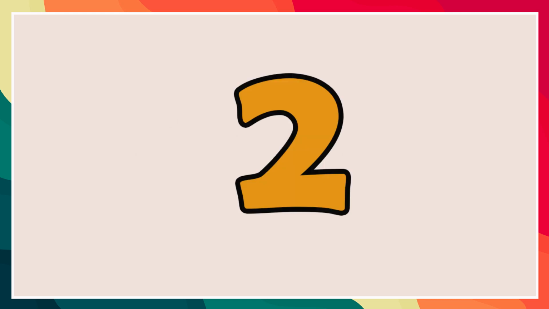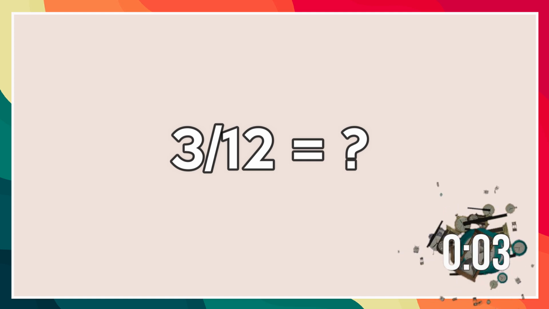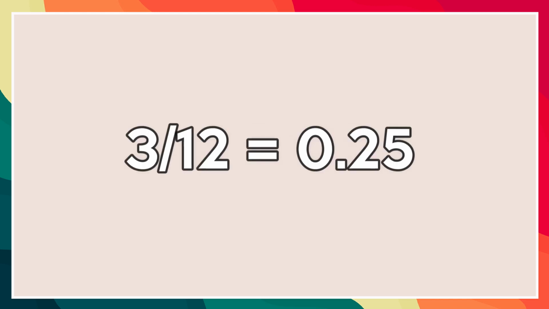Number 2, 3/12. What is the equivalent of 3/12 in decimal? Correct. The answer is 0.25. To get the answer, you just divide 3 by 12.